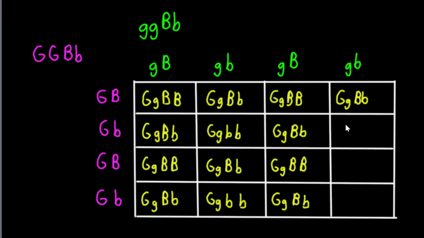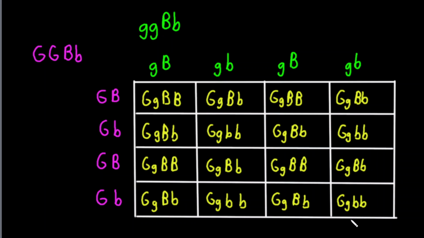All right, and we are finishing filling in capital G, lowercase g, little b, capital G, lowercase g, big B, little b. And our last set, which has two lowercase b's.